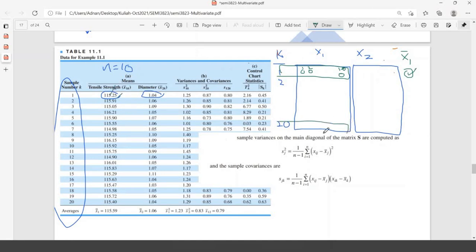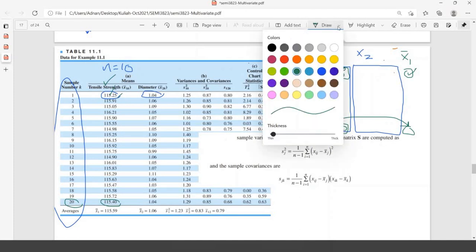This also has 10 values, but it is not shown in the original table. So this value is the average of the 10 values, for this column. The second column here is diameter, which is x2.